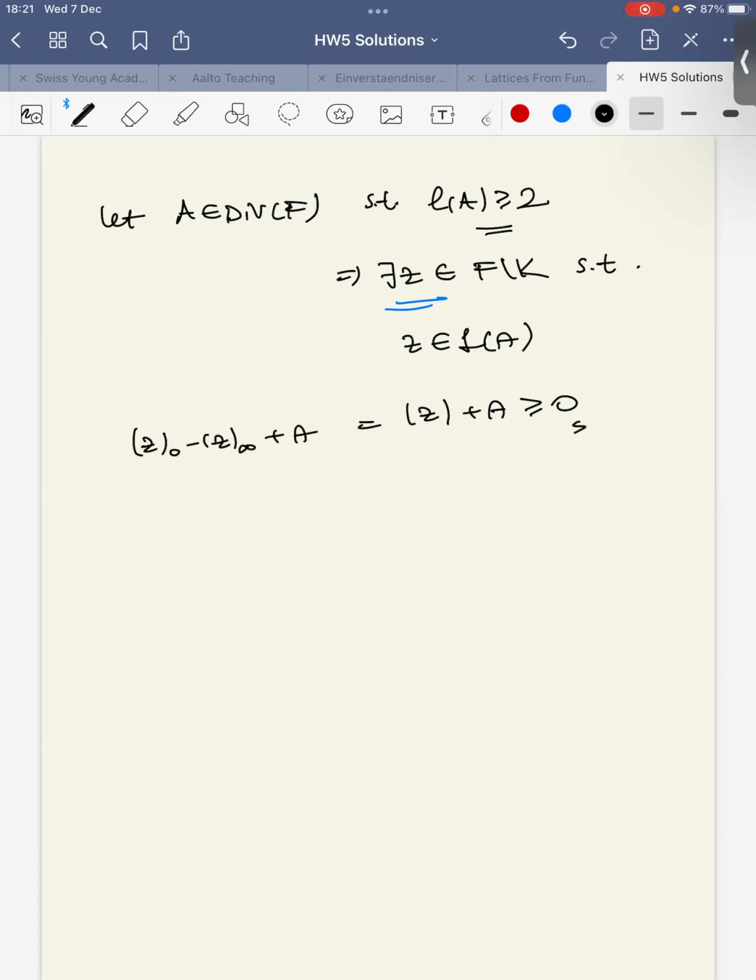So here we need to argue carefully, because if the dimension of the Riemann-Roch space of A is positive, we know that degree A should be positive, right?